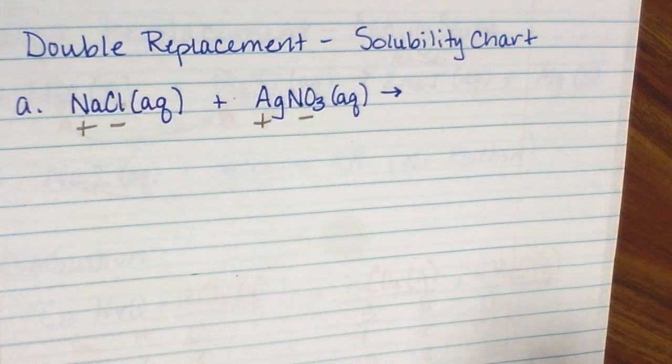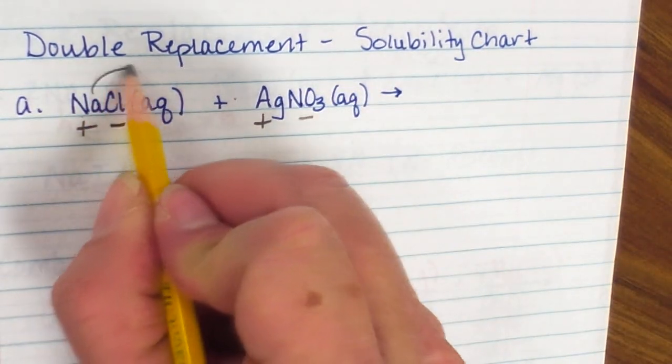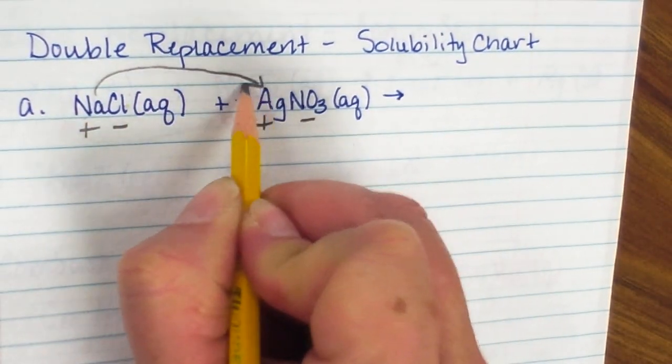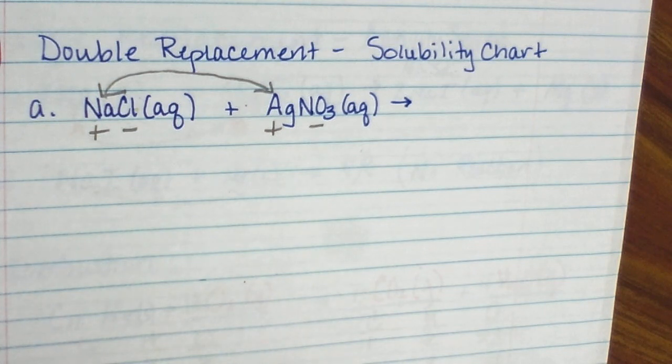So what's going to happen is these two are going to switch places, and you're going to end up with two completely new compounds. In a single replacement, you end up with one new compound, but in a double replacement, you end up with two new compounds.